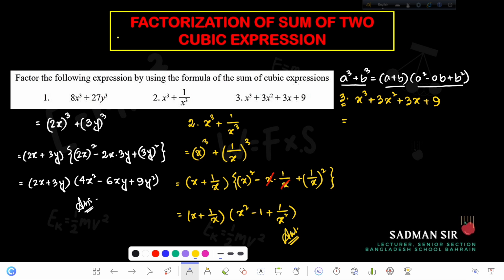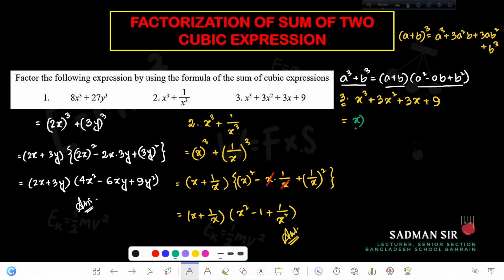That is, another formula is there, that a plus b whole cube is equal to a cube plus 3a square b plus 3ab square plus b cube. Okay, so you can see that there is quite some similarity between the right hand side of this formula and the given expression, right? So let us try to follow that.